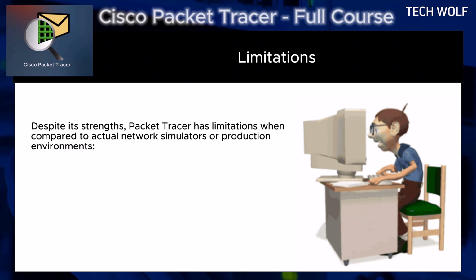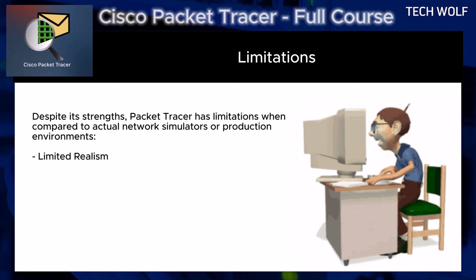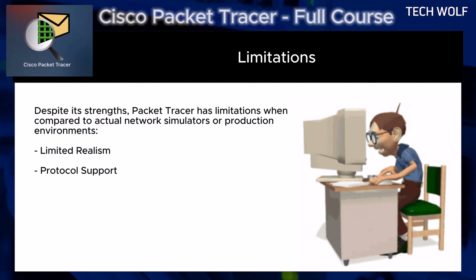And here are the limitations. Despite its strengths, Packet Tracer has limitations when compared to actual network simulators or production environments. For example, limited realism. Packet Tracer may not accurately represent real-life device behavior, particularly under high traffic conditions. Another limitation of Packet Tracer is protocol support.